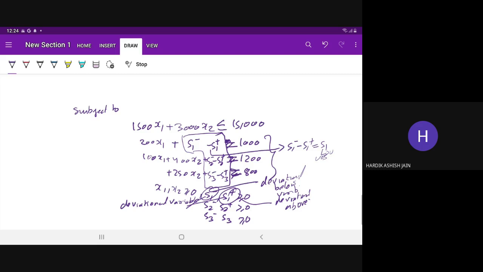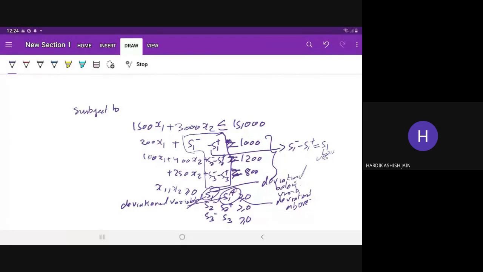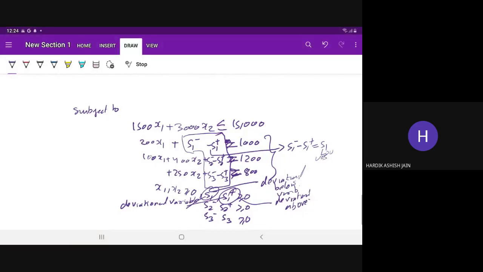So if S1 plus, S2 plus, S3 plus are positive, is there any harm? You have already achieved the goal. Whatever goal you have set, you have achieved.